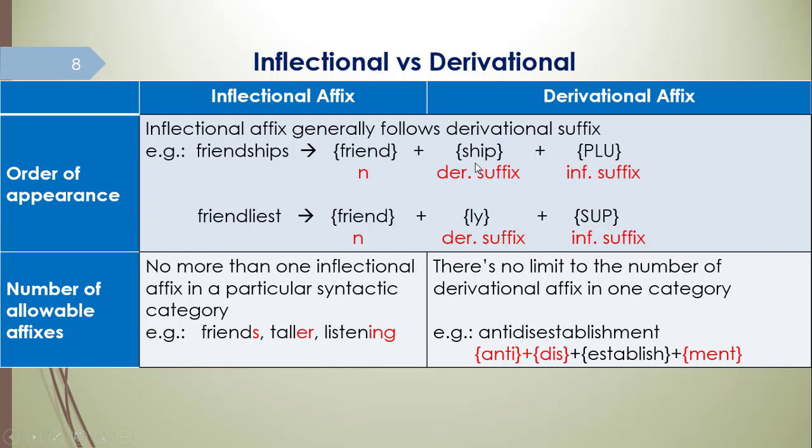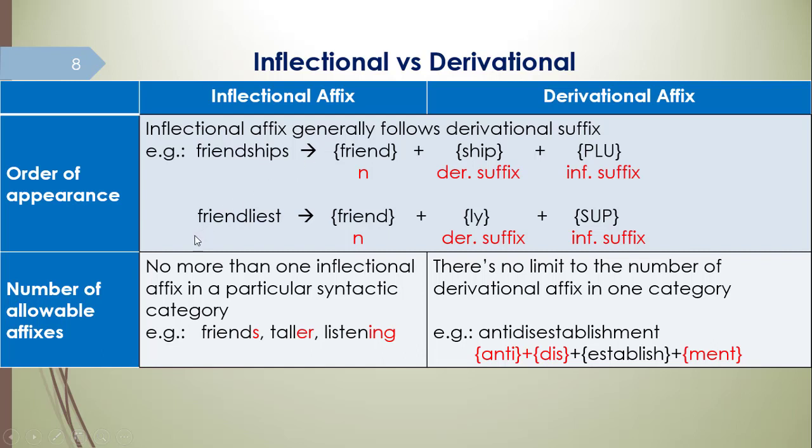Friend is a noun and -ship is a derivational suffix, and it is followed by an inflectional suffix. Jadi inflectional suffix tidak bisa ditempelkan sebelum derivational suffix. Selalu derivational dulu baru inflectional. Kalau ada yang kebalik itu berarti salah. Kita harus menuliskan tanda asterisk tadi ya, tanda bintang.